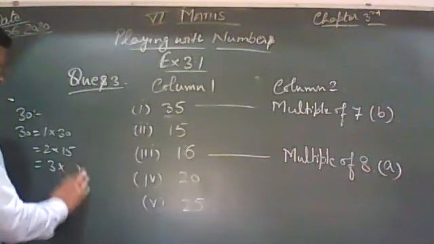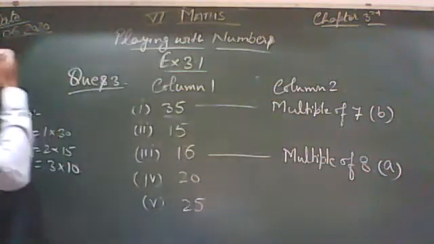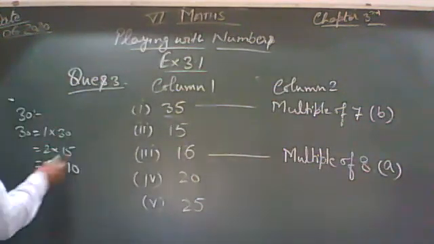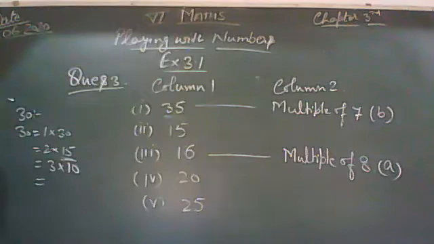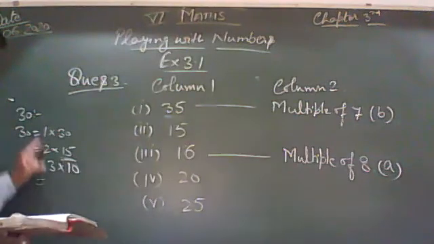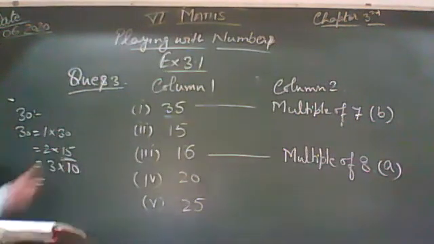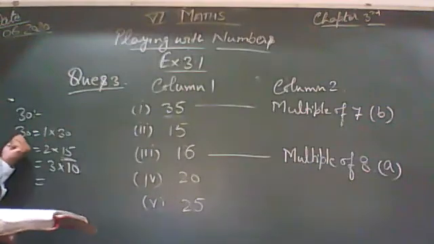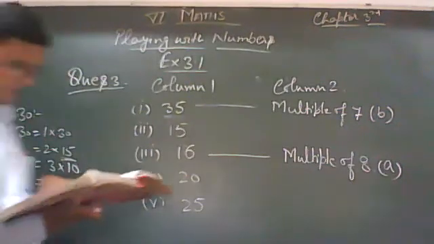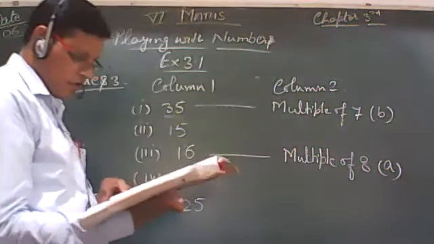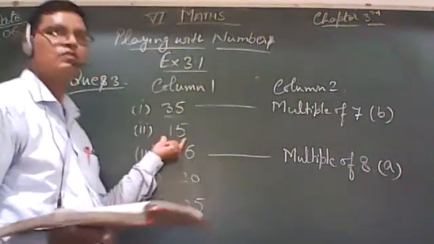And 15 comes here, and these are the numbers 1, 2, 3, 10, 15 and 30. 15 is the factor of 30.